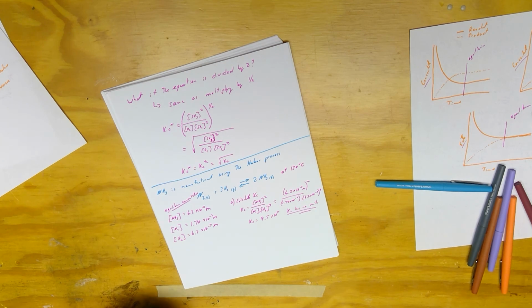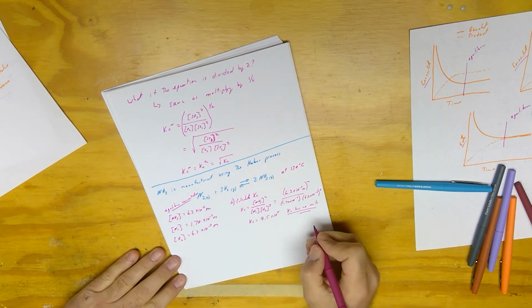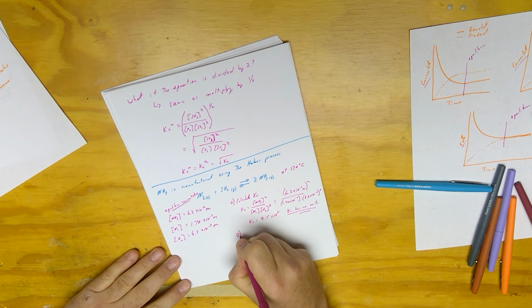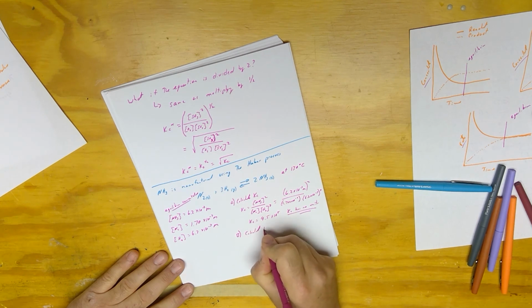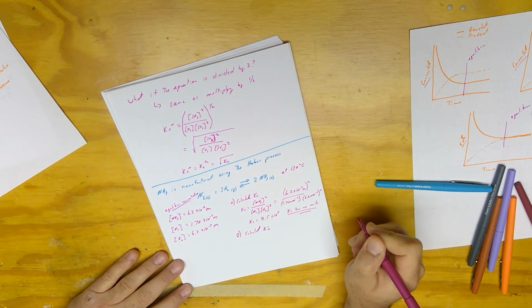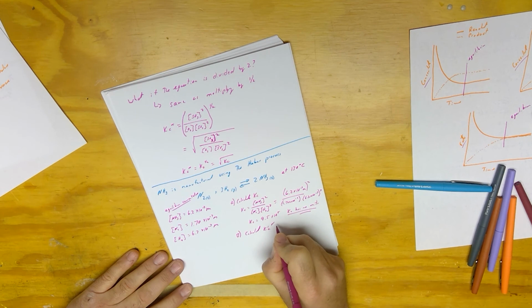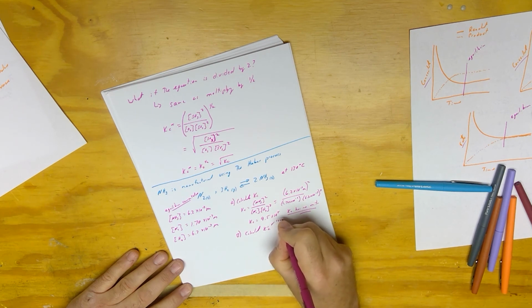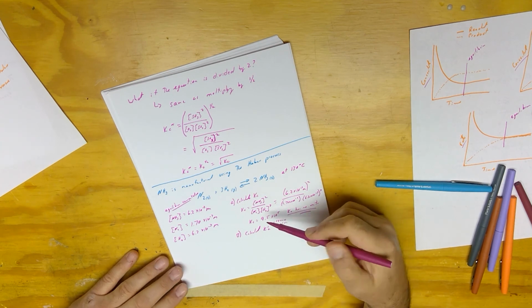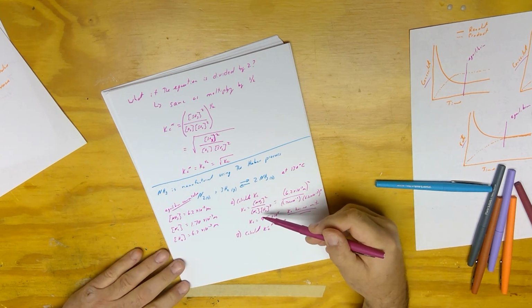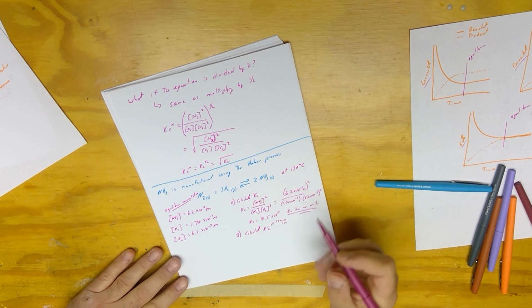All right, now let's calculate K prime c, or Kc prime. And the prime is telling me the reverse reaction. Well, I can go through and actually put all these numbers back in. Remember, this is just inversed. Or I can just say this.